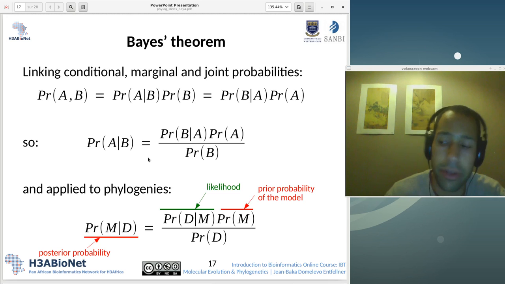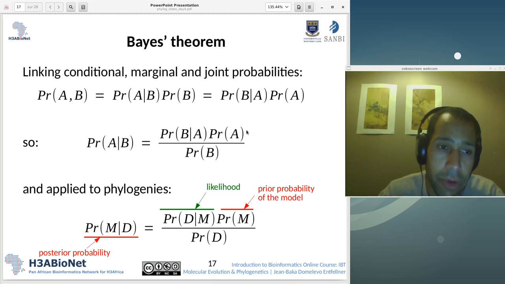Let's first start by remembering Bayes' theorem. It's a theorem linking conditional, marginal, and joint probabilities. This is the joint probability of A and B happening together simultaneously.